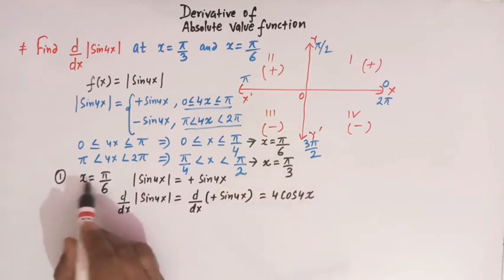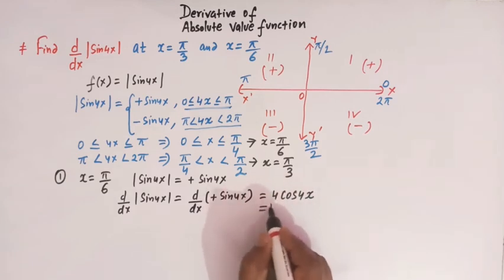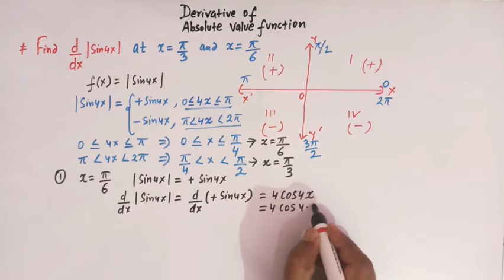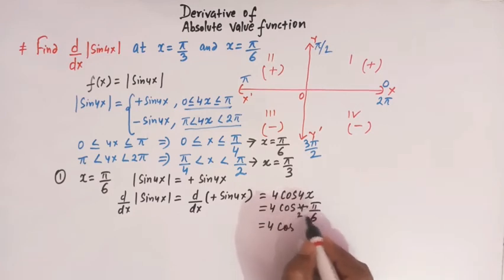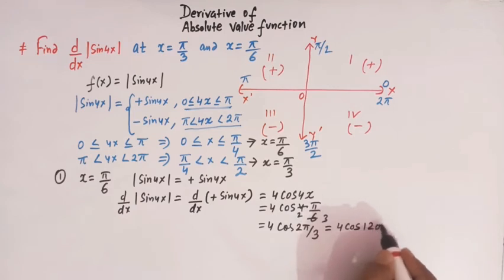And the derivative of sin 4x is simply 4 cos 4x. Now we can substitute x is equal to pi by 6. So here we have 4 cos of 4 times pi by 6, and this is 4 cos 2 pi by 3, that is 4 cos 120 degrees.